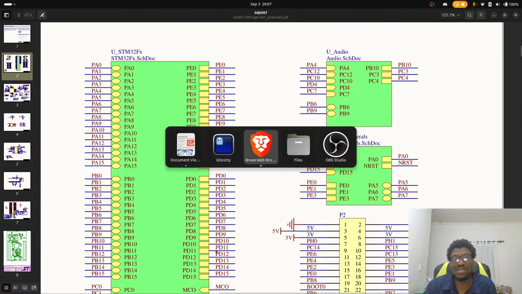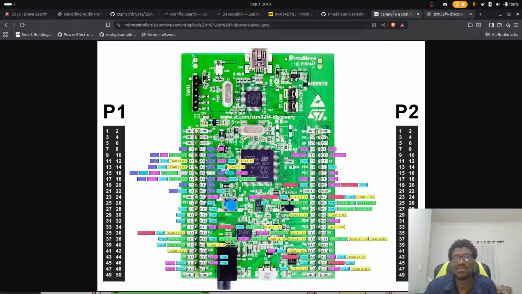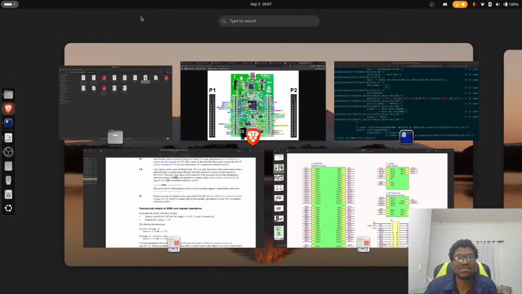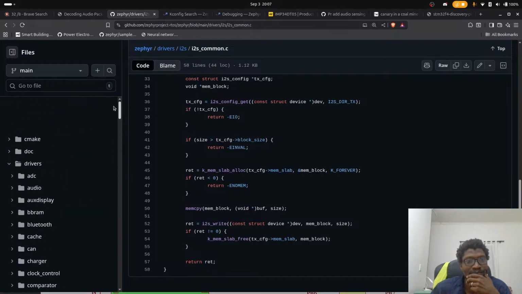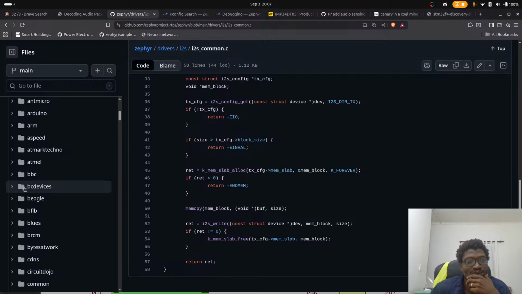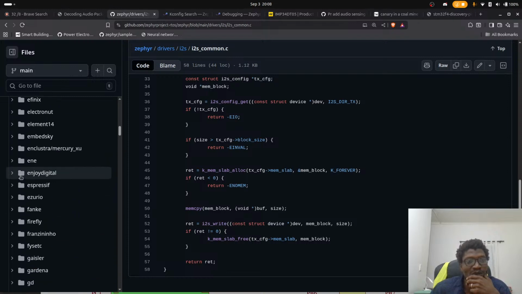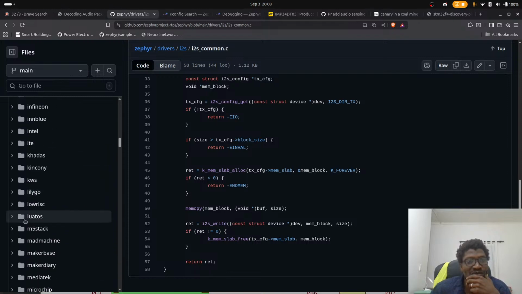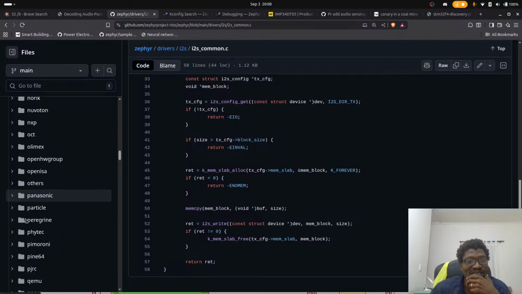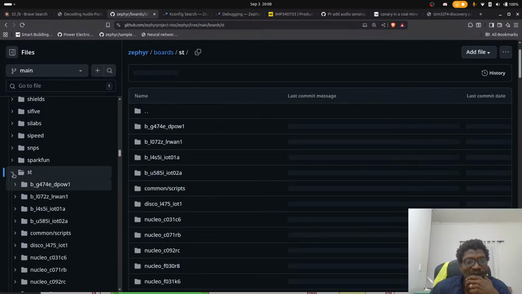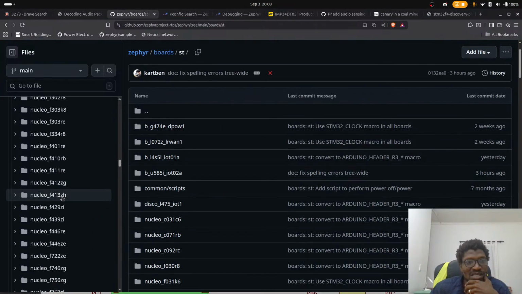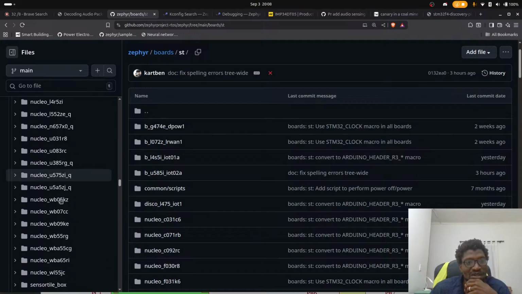So let's go to that file. My little workhorse, STM32F4 Disco.